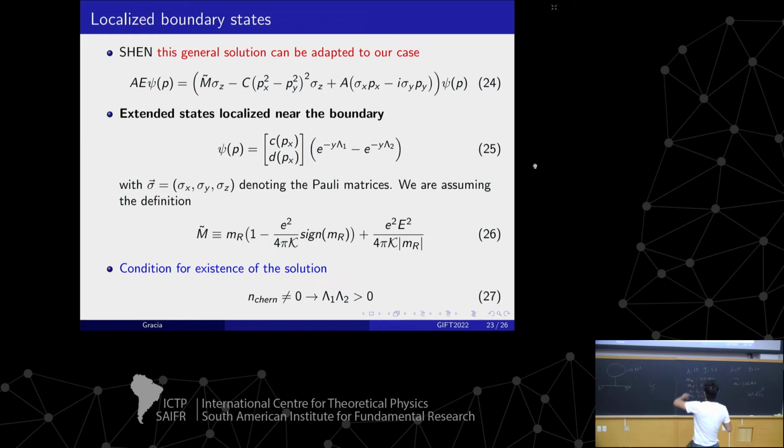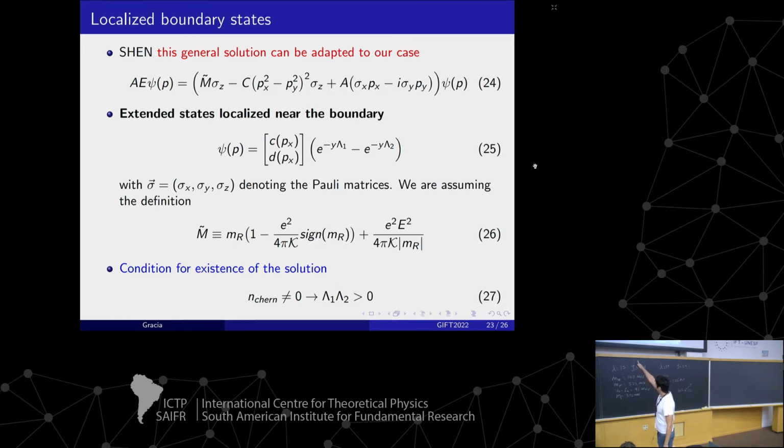We can take this general expression and try a tentative solution like 25. We are defining our energy-dependent mass in 26, and what I was speaking is in 27. Non-vanishing Chern number implies lambda 1, lambda 2 bigger than 0.